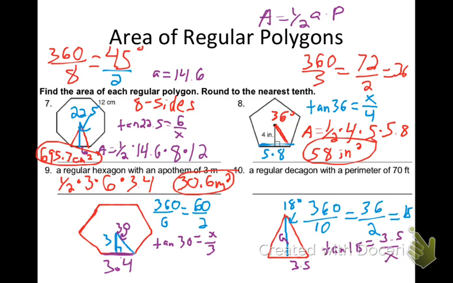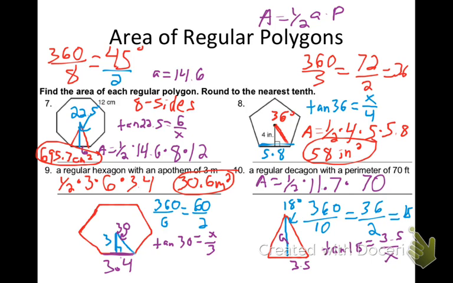What'd you say? 11.7. So my area is going to equal 1/2 times 11.7 times, what's my perimeter? 70. You gave me the perimeter in the problem, right? It's 1/2 times 11.7 times 70, and then to the nearest tenth. What'd you get?